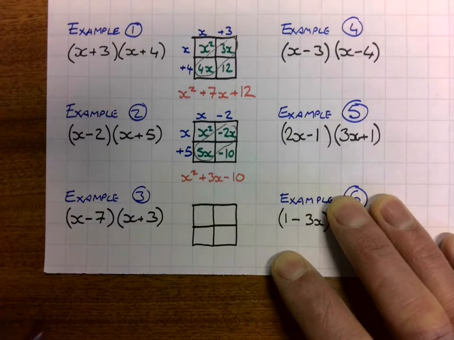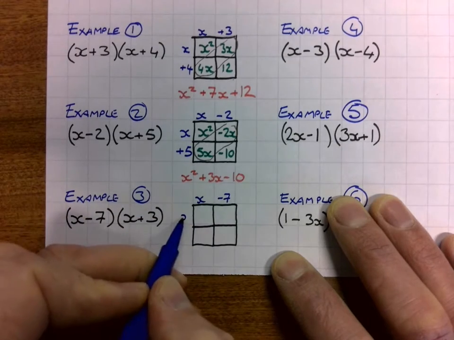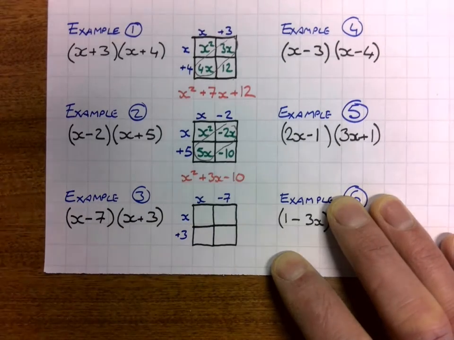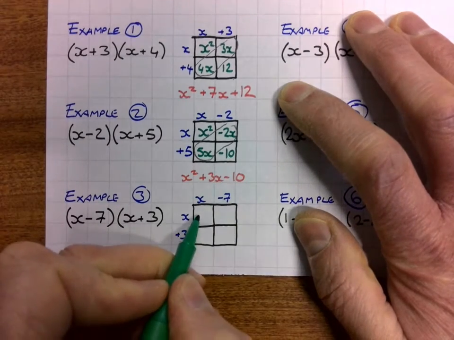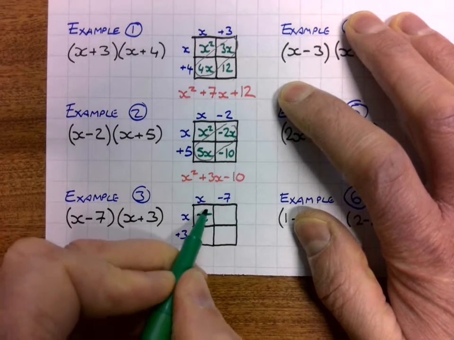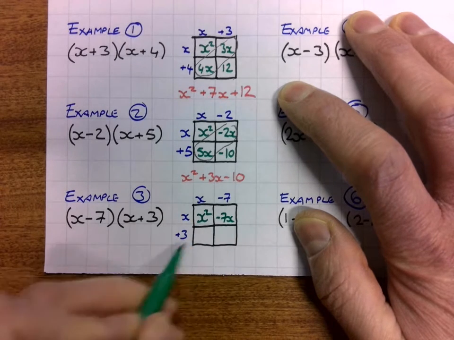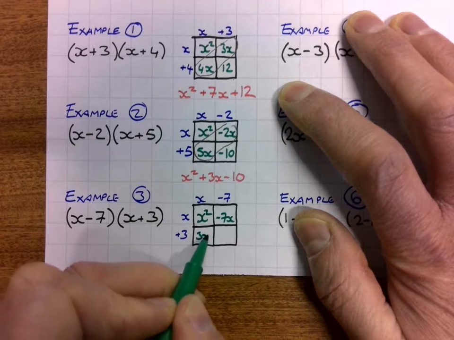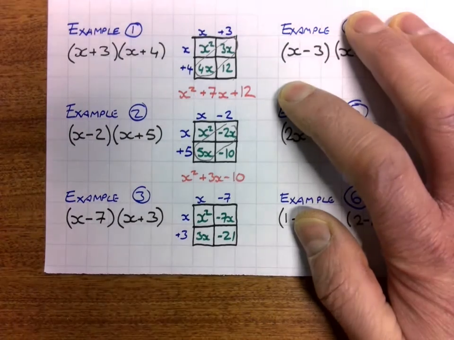We'll have to put a question in: x take 7, x add 3. x times x gives me x squared. x times minus 7 gives me minus 7 x's. x times positive 3 gives me 3x's. Minus 3 times 7 gives me take 21.